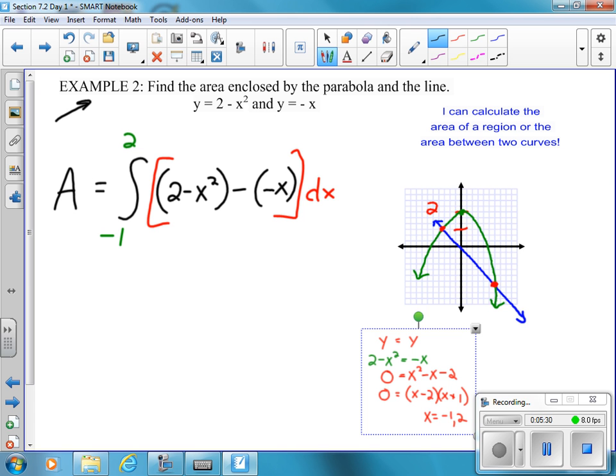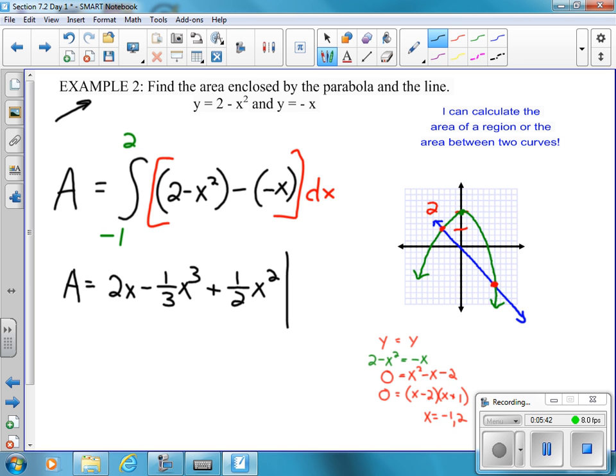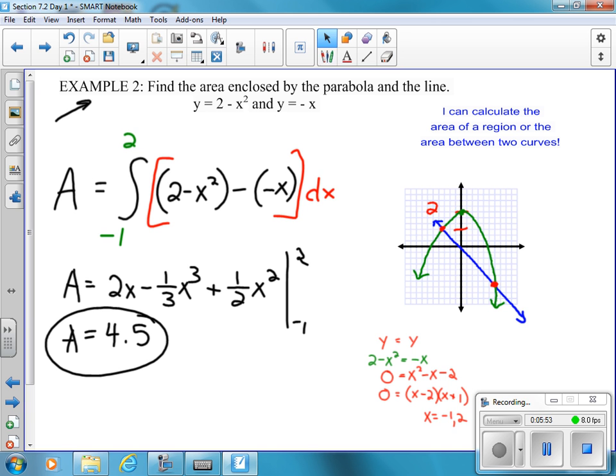And if you do the antiderivatives of these, you get 2x minus a third x cubed minus a minus, which is plus 1/2 x squared. Evaluate that from -1 to 2, and you should get the area is 4.5. So that's the area in between these two curves, which means from the parabola down to the line.